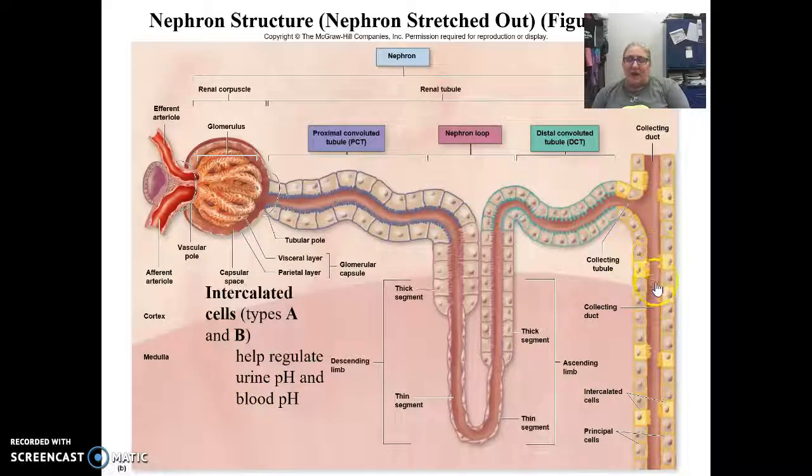If we have a very acidic fluid flowing through, they're going to respond by increasing the amount of hydrogen ions we release and decreasing the amount of bicarbonate ions we release in urine. We're going to reabsorb bicarbonate ions, and that's going to increase the blood pH back to where it should be. That's one of the ways that we maintain blood pH.